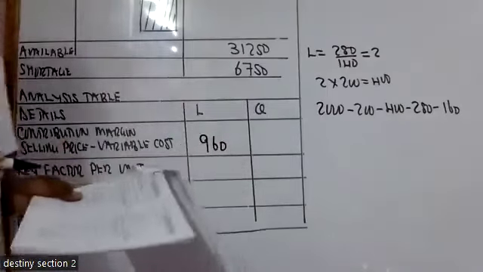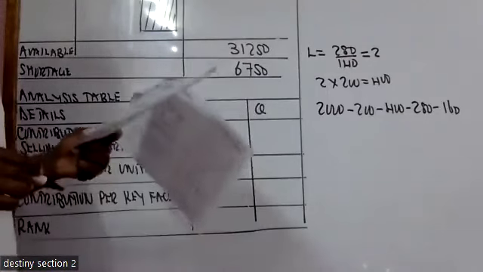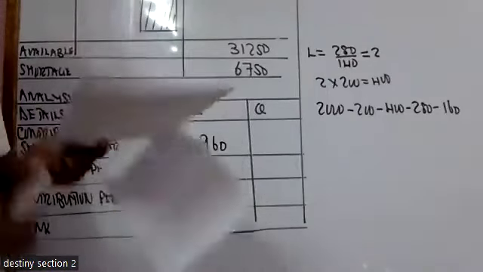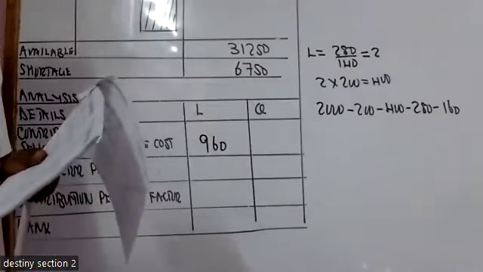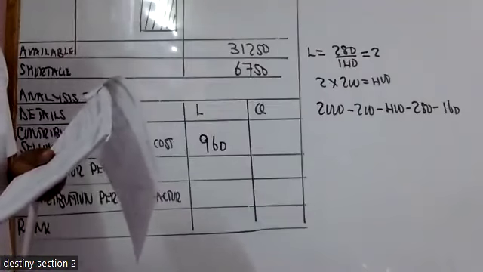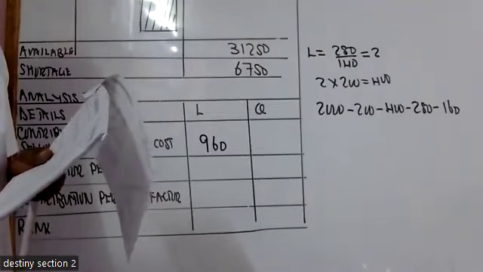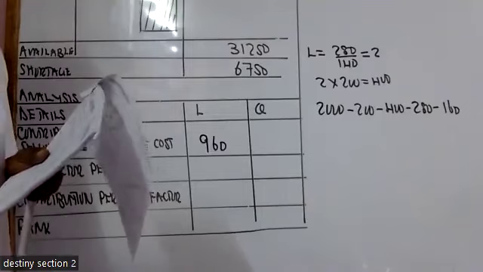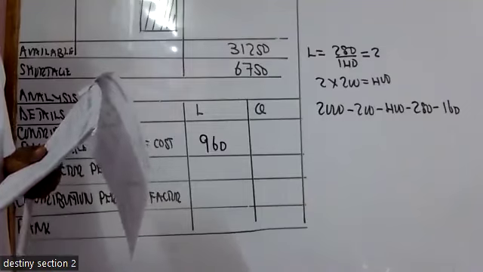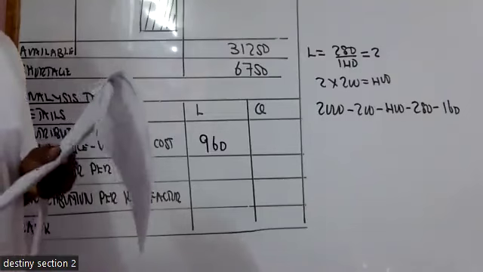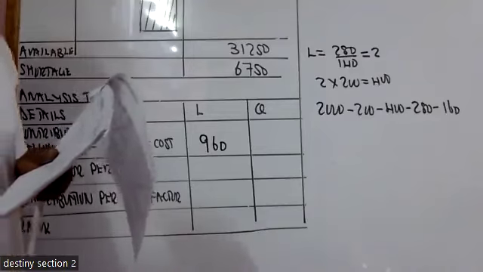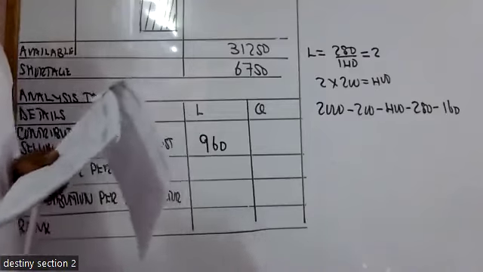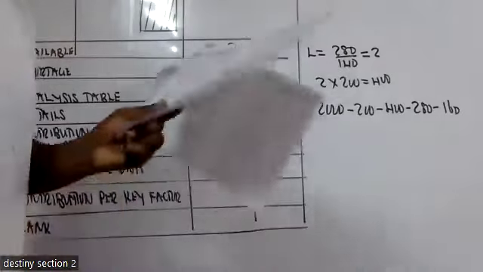I do the same for who? For product G. Do the same for product G. $1,100, good.